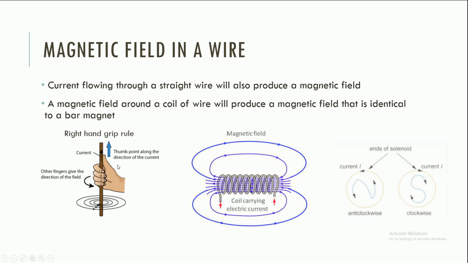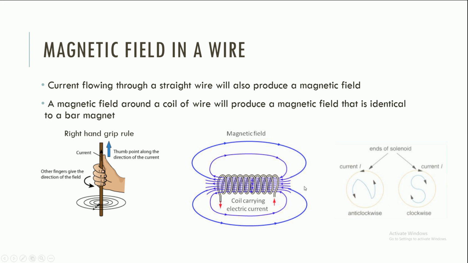And so if we point our thumb, this is called the right hand grip rule, as the diagram shows here, point your thumb towards the direction of the current, and the fingers which wrap around the wire will give the direction of the magnetic field that the wire produces. Now, if you were to get a long wire and coil it up like this diagram in the middle here, then it will produce a magnetic field just like a bar magnet.